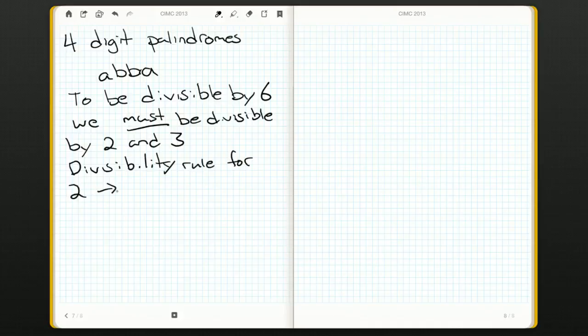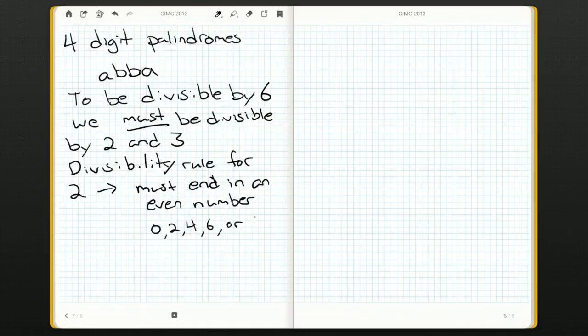So to be divisible by 2, you have to be an even number. To be an even number, it must end in an even digit. So 0, 2, 4, 6, or 8. Those must be the last digits. Okay.